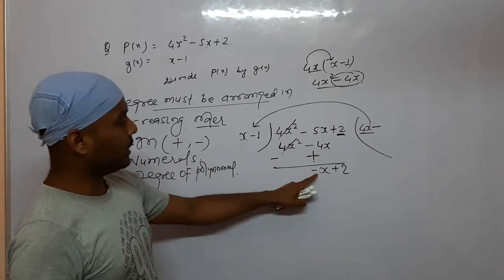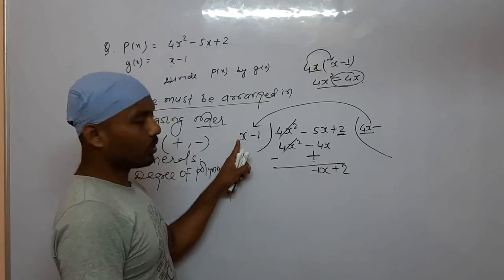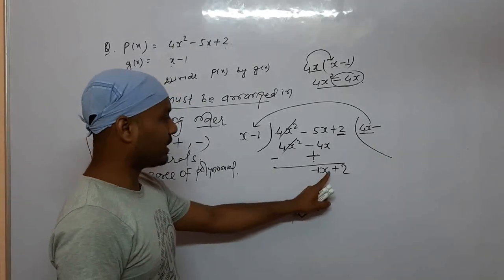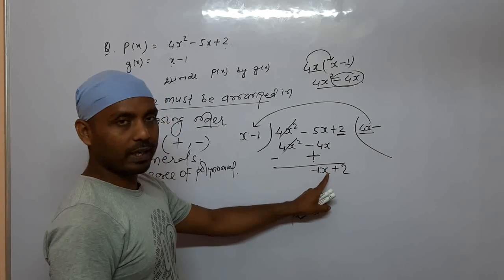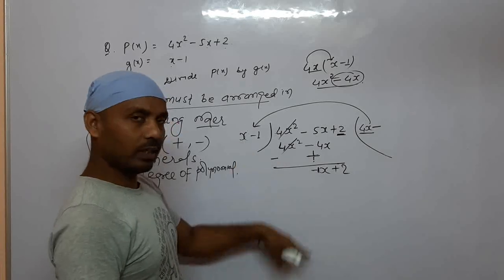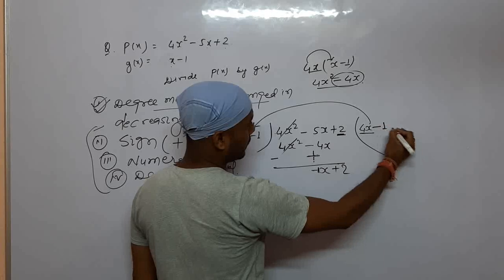Numerals. Is there any number? Nothing. That means 1. Here also nothing, 1. The degree of x here is 1, and here also the degree of x is 1. The degrees are the same. That means just write minus 1.